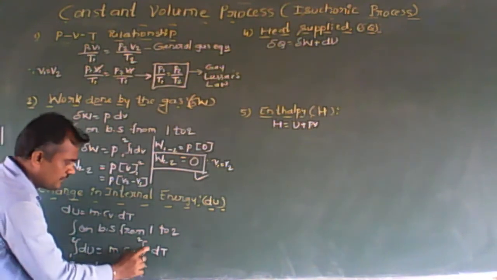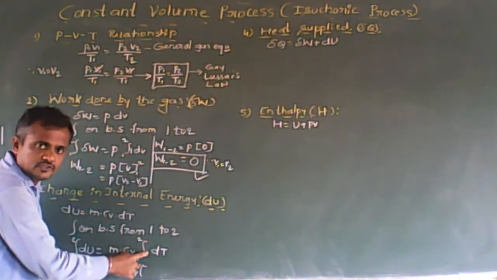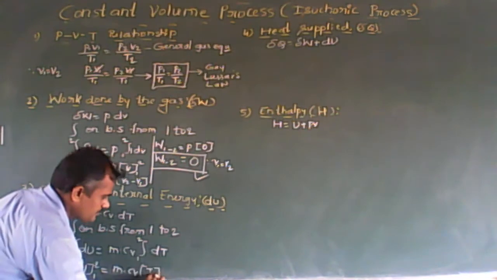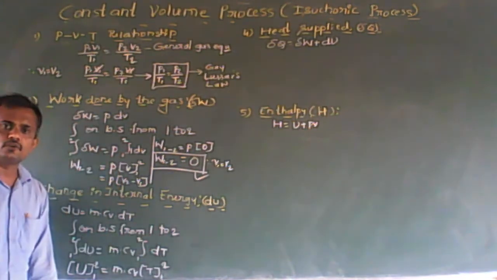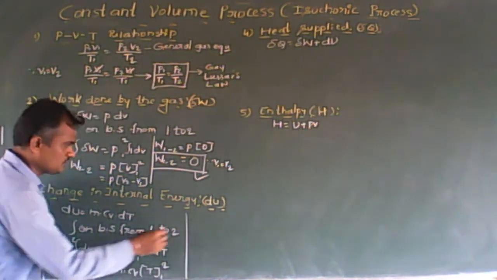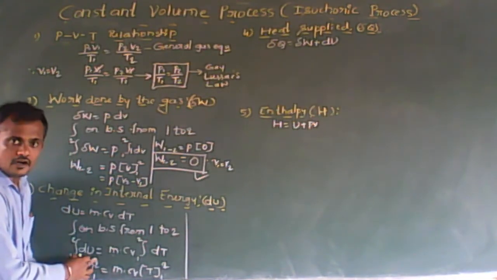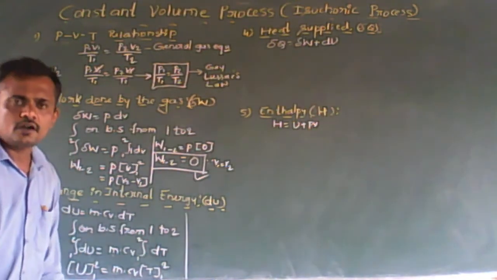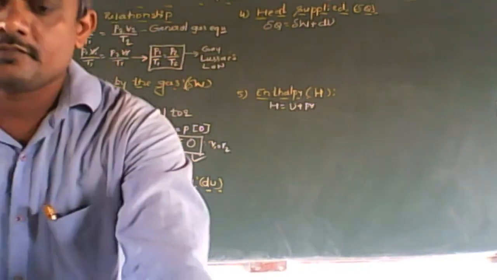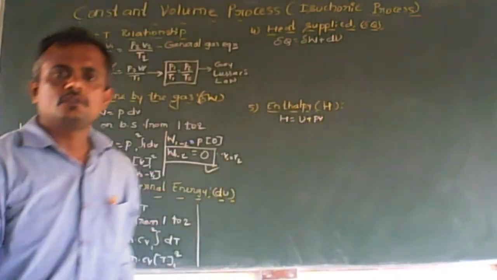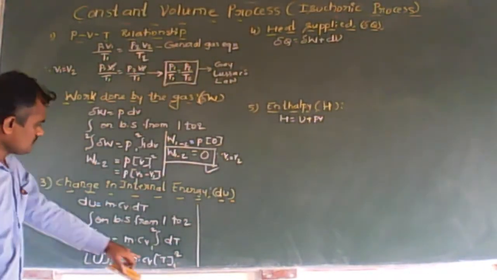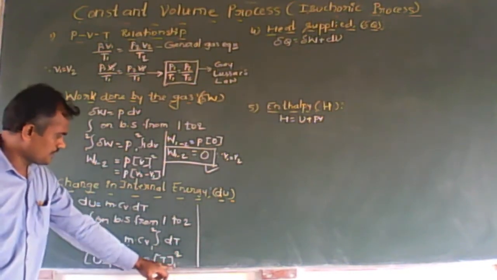When we integrate with respect to dT, we get T, with lower limit 1 and upper limit 2.